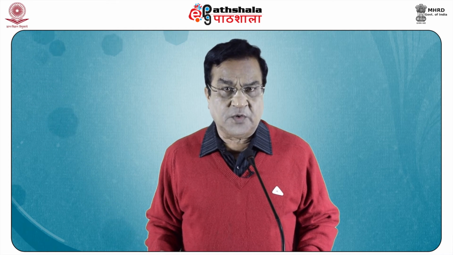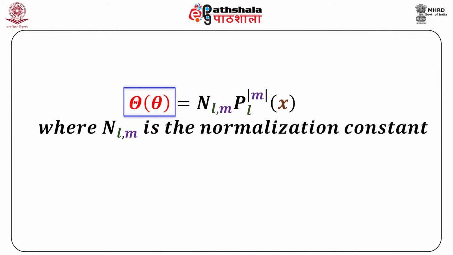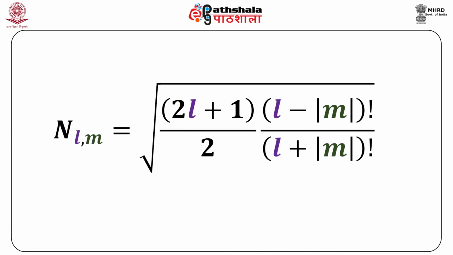Now one can say that the solution of the theta equation is theta equal to N_Lm, which is the normalization constant, times P_L^|m|(x). The value of the normalization constant has been found out, and it is N_Lm equals the square root of (2L plus 1)/2 times (L minus |m|)! divided by (L plus |m|)!.